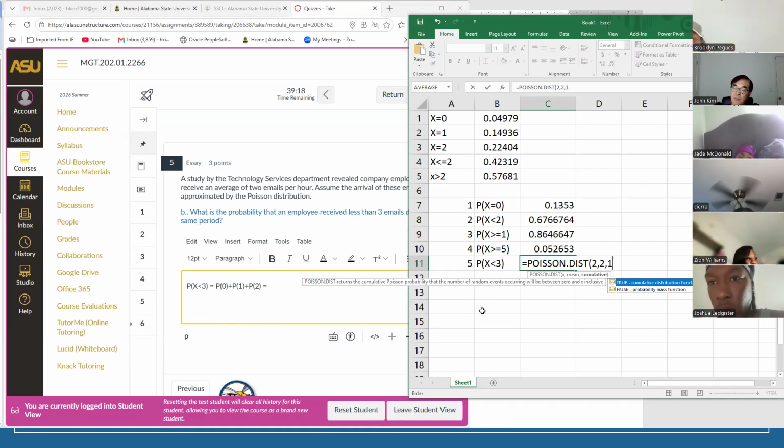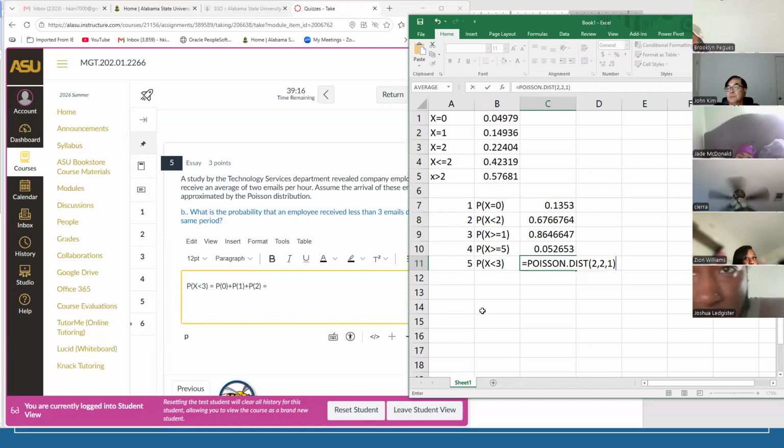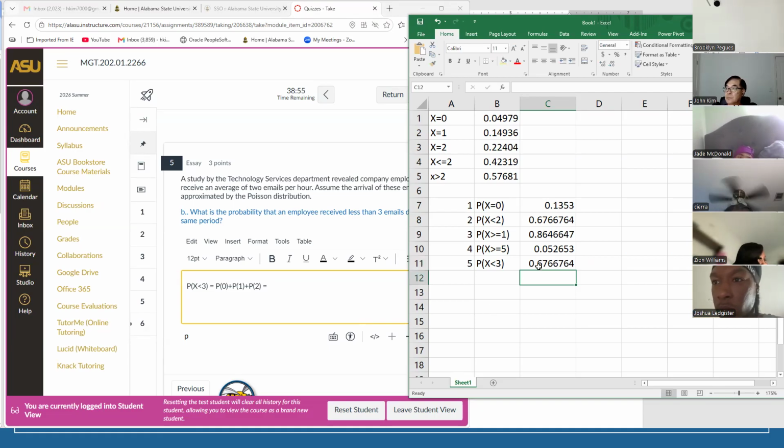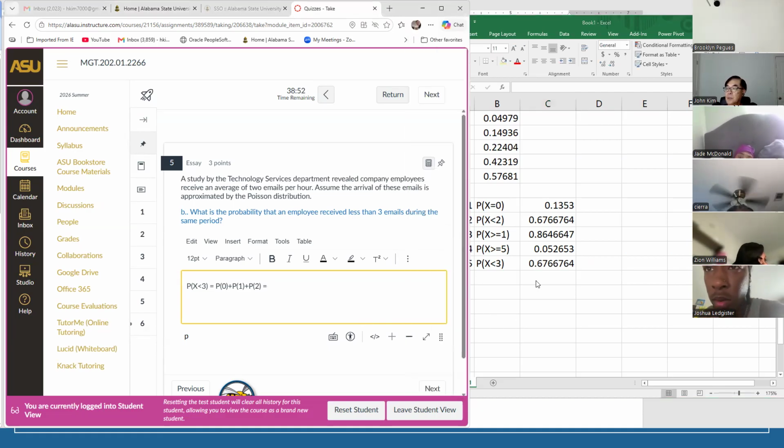So type 1. Enter. That is 0.6767, the same as earlier.